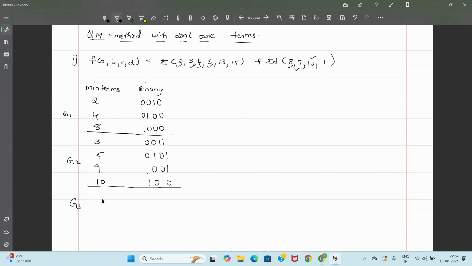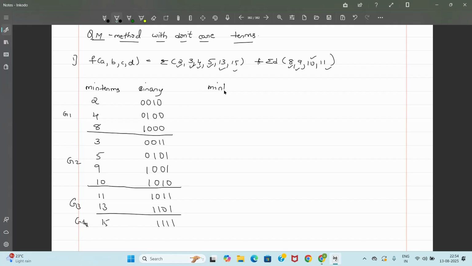Next after 10, I can take 11, which is 1011. Then 13, 1101. And the last group will have 15, 1111. So you are not bothering about whether it's a don't care or a min term. You're just assuming all of them to be a single set and arranging them in proper order. So the first column is done.